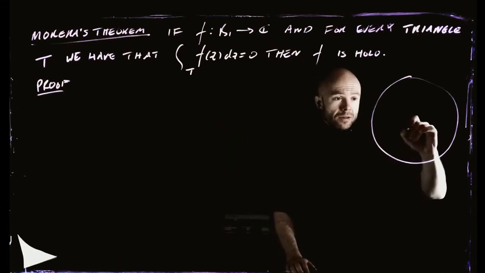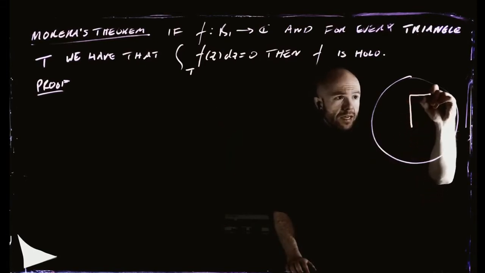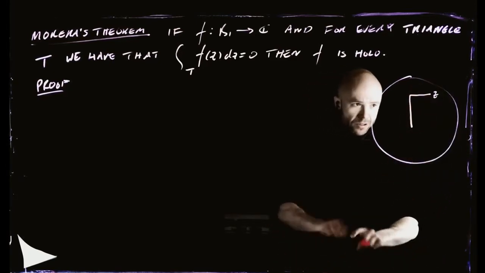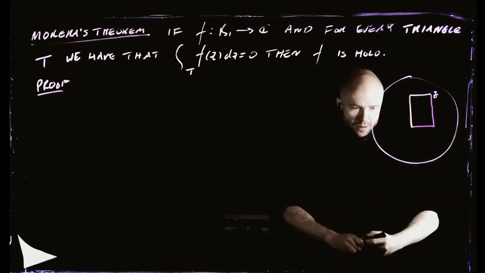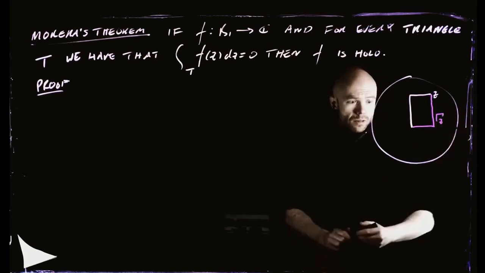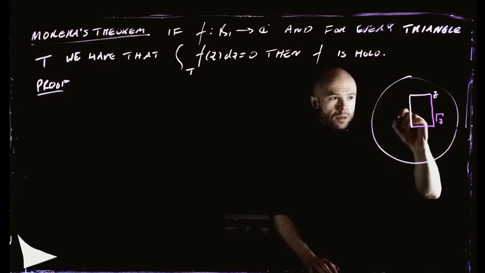So we're going to define the primitive, or we're going to define a function like this. For any z inside the ball, we just take this L shape like this, or the L shape like this, up to this point. Let's call this one gamma of z, or we could call this one pi of z.